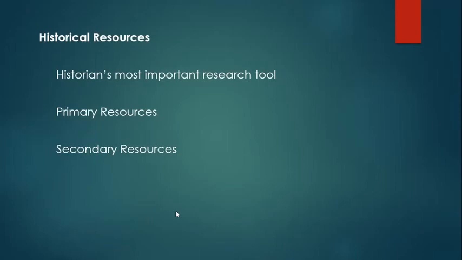Now, from the terms first hand or second hand, you might get an idea of how to distinguish primary and secondary sources or resources. And so the primacy of primary over secondary sources should be considered by any researcher.